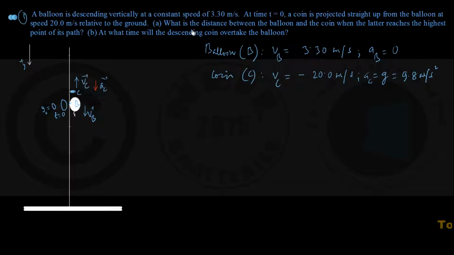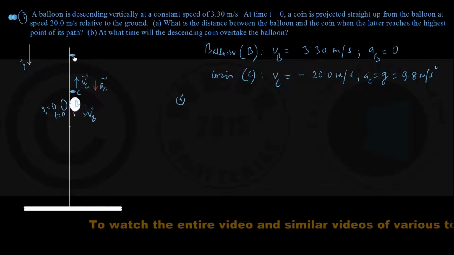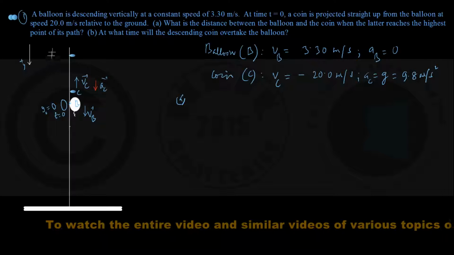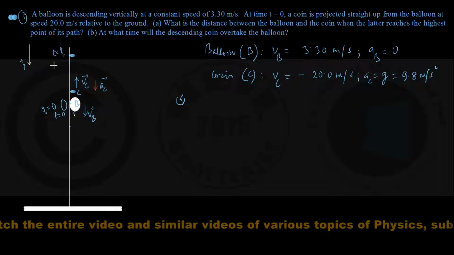In the first part, we are supposed to find out the distance between the balloon and the coin when the latter, that is the coin, reaches the highest point of its path, part A of the problem. So suppose the coin is going to this highest position somewhere on this vertical line, and the time at which the coin reaches highest point, that time is taken to be t1.